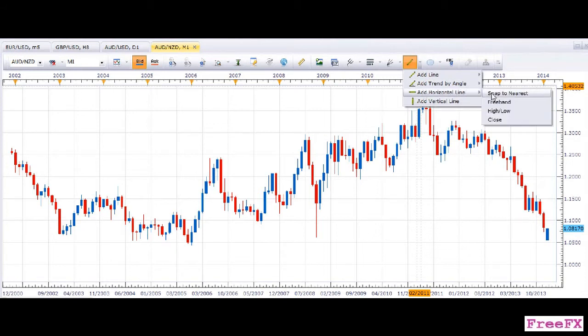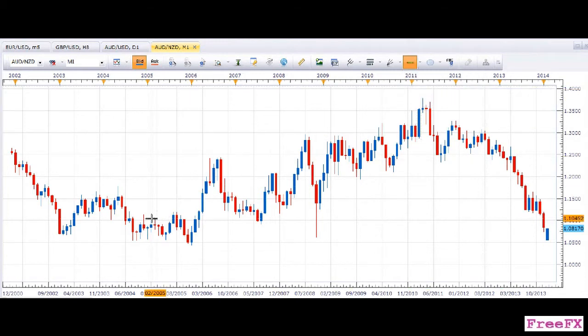So I'm going to start by using a horizontal line, and I'll use the snap to nearest so as not to miss anything, placing it right at the bottom of the chart, going back in history to the beginning of the available data, which is back to 2000.